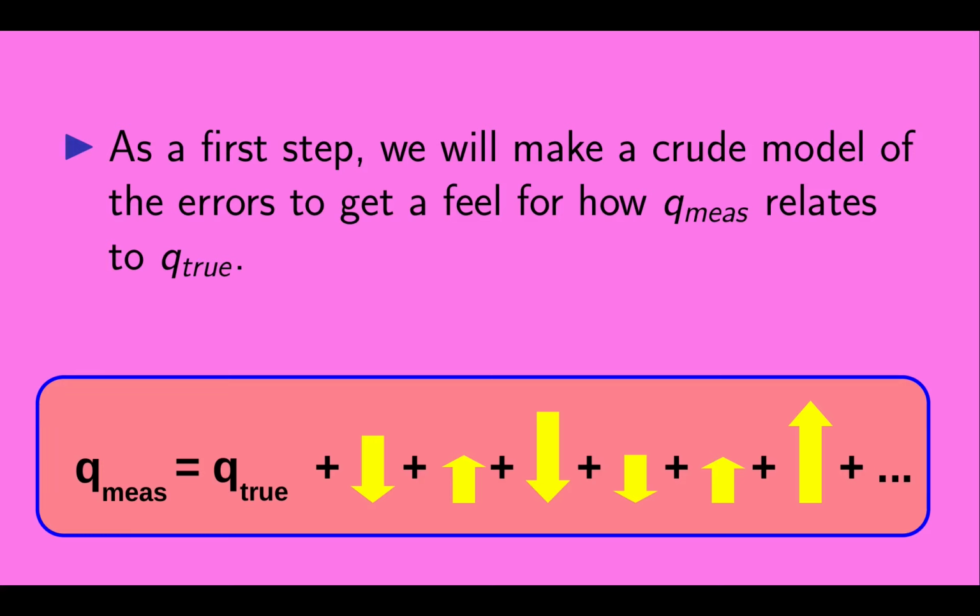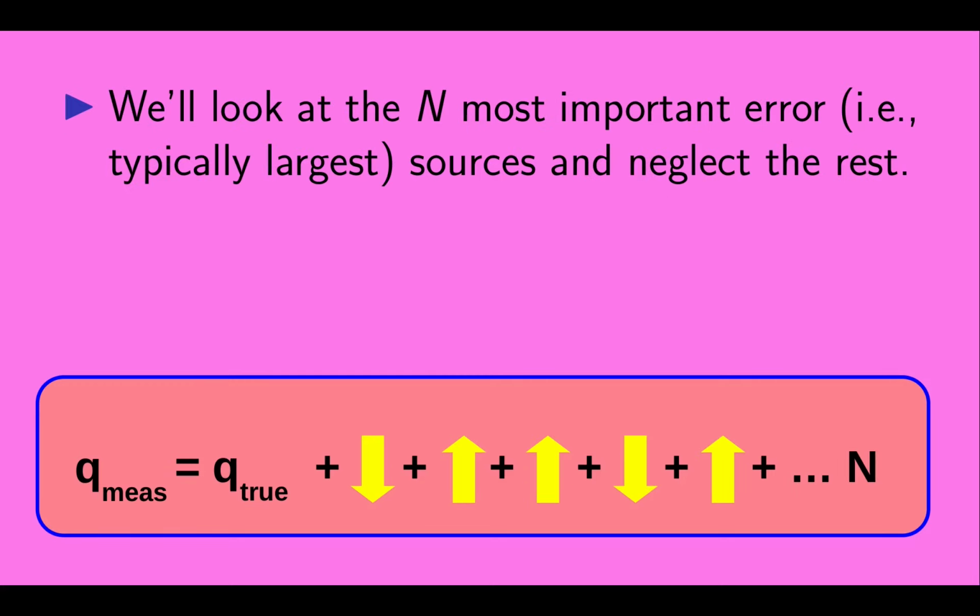As a first step, we will make a crude model of the errors to get a feel for how Q measured relates to Q true. We'll look at the n most important error sources, meaning the n sources that are typically the largest, and we will neglect the rest.